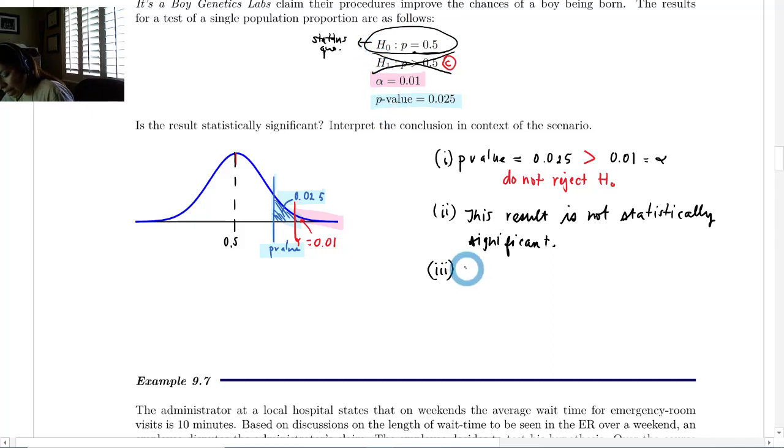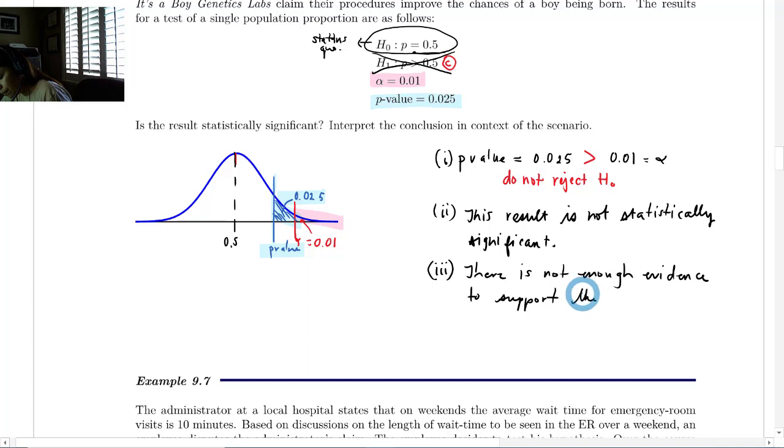We could say that there is not enough evidence to support the lab improving chances of having a boy.